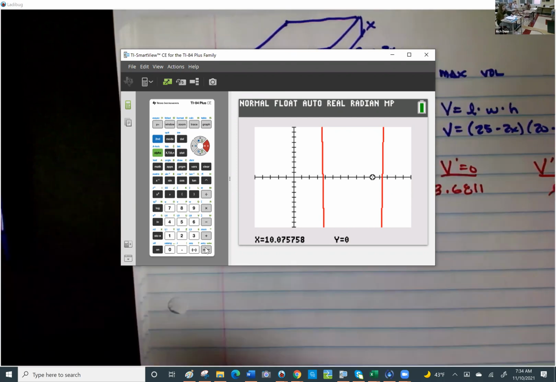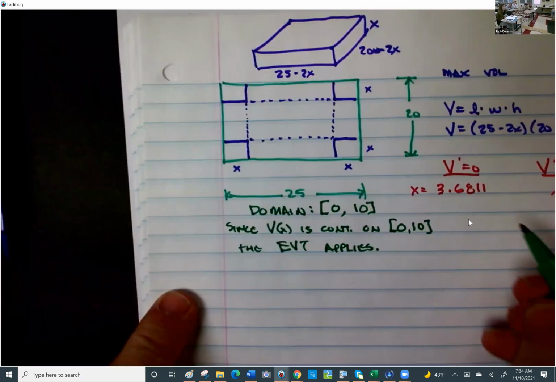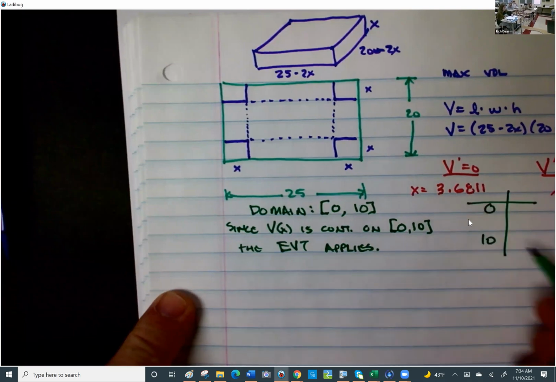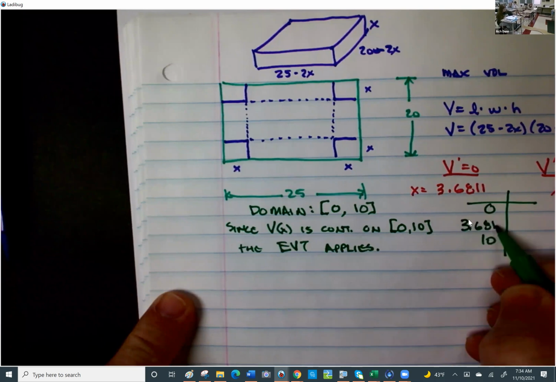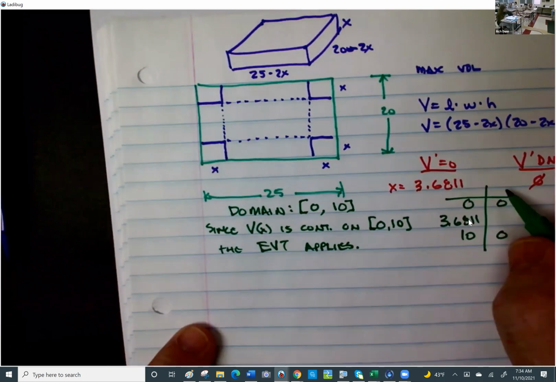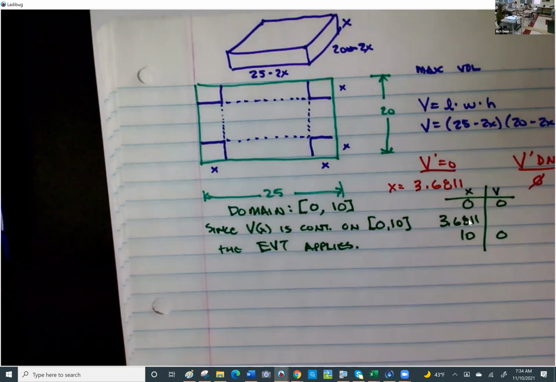which means now we're ready for applying our EBT. And applying the EBT, we'll use the 0 and the 10 and this 3.6811. We already looked at that and knew that. And again, that's why I like to use EBT, because sometimes those endpoints are really easy to calculate.